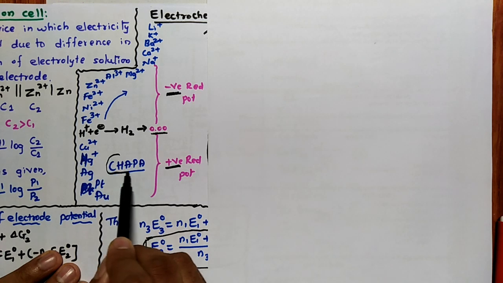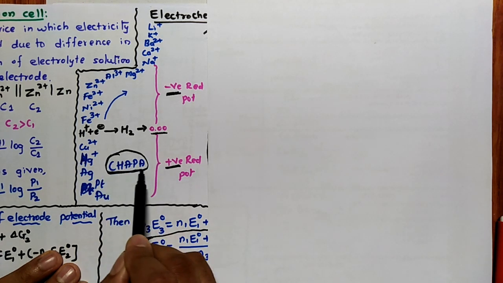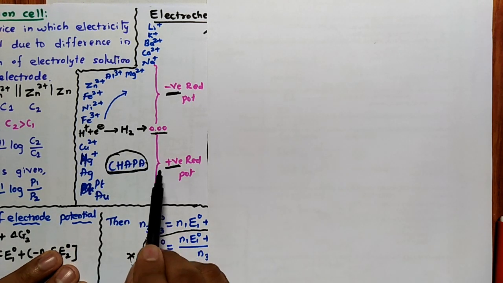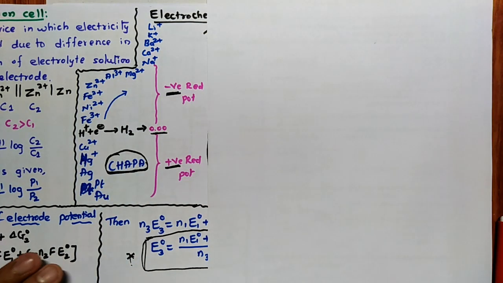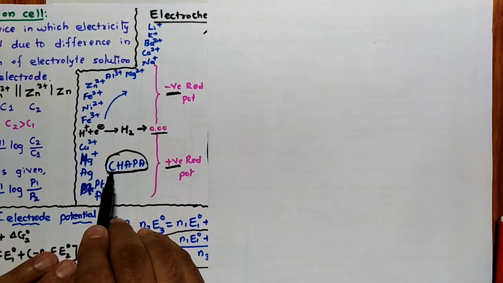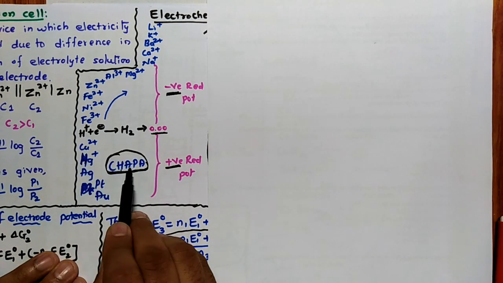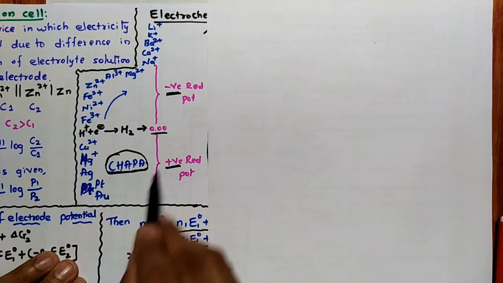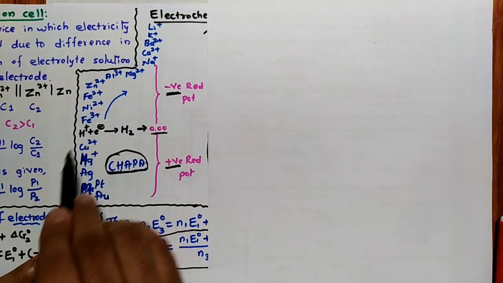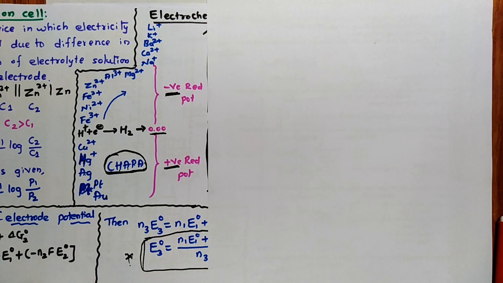If you remember these coinage metals, they have positive reduction potential. All the remaining metals have negative reduction potential. What are all these metals? Copper, mercury, Ag, platinum, Au. Remember, these metals have positive reduction potential compared to hydrogen.